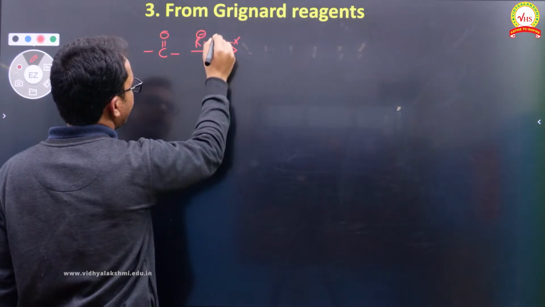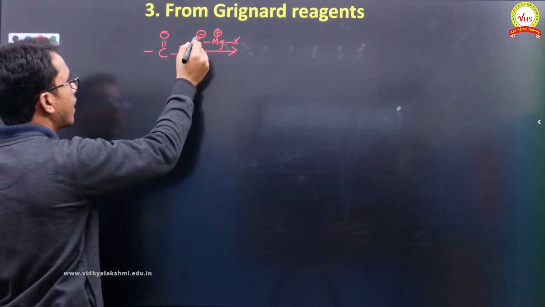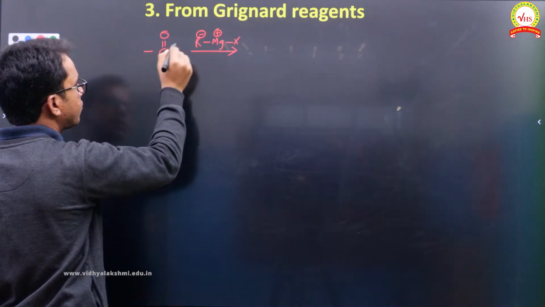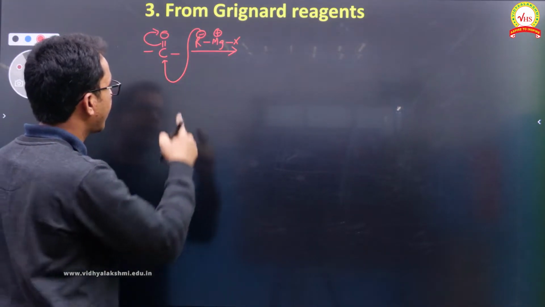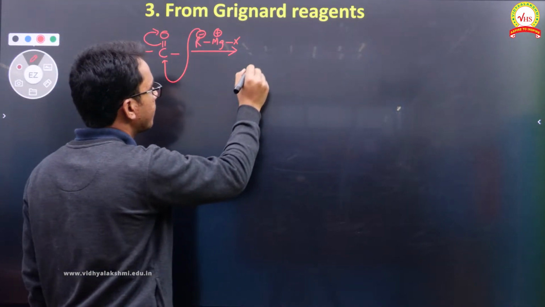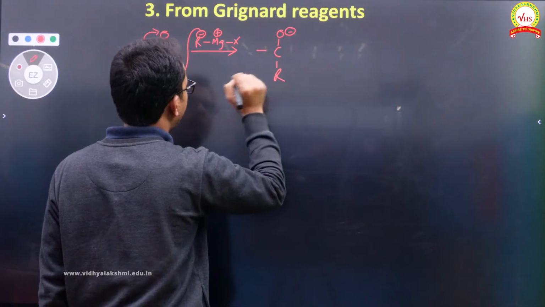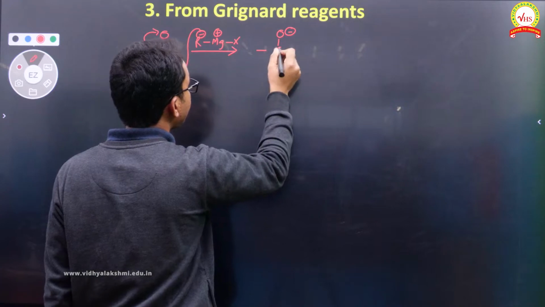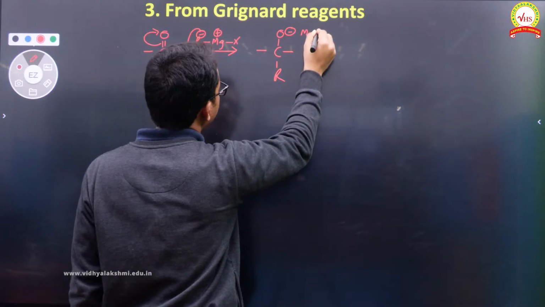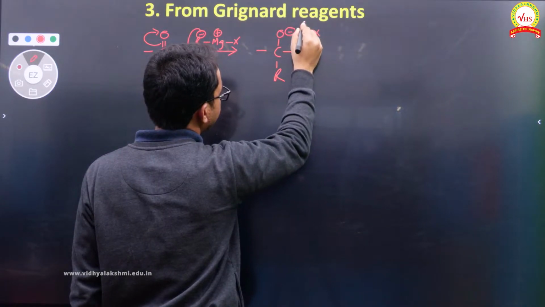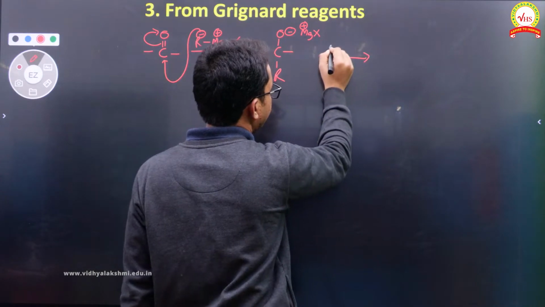We know this alkyl group is negatively charged, a nucleophile, and the carbonyl carbon is the electrophile. The nucleophile attacks the electrophile, and a negative charge is generated on oxygen. We have an R group there, and here the positive group, MgX, will come. In the next step, hydrolysis should take place.